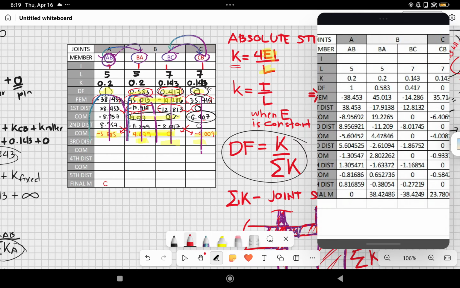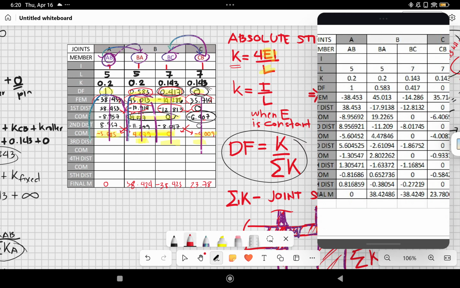As you can see, that is 0. That is 38.425. Negative 38.425. And 23.78.